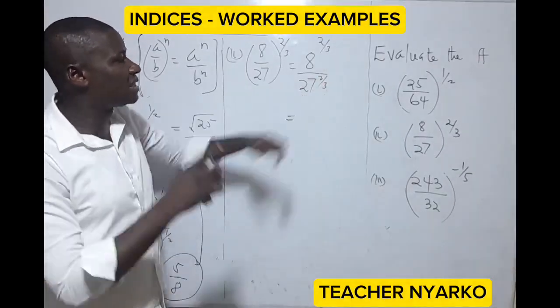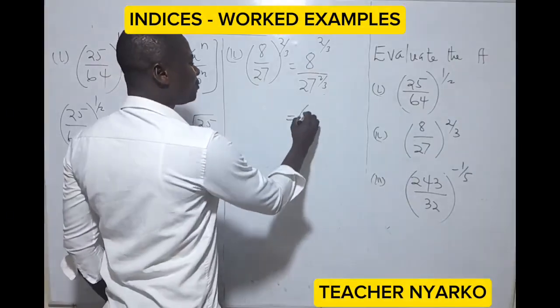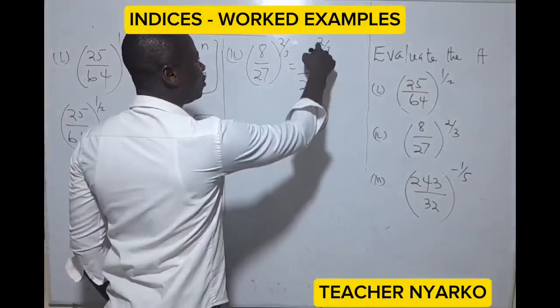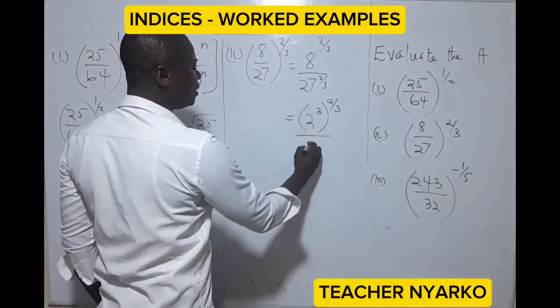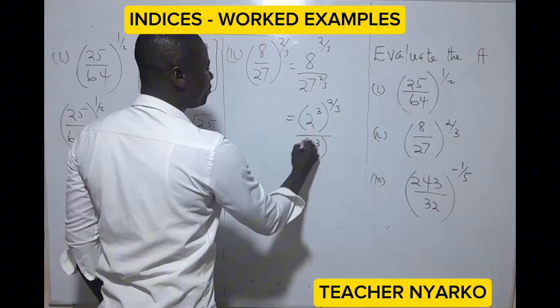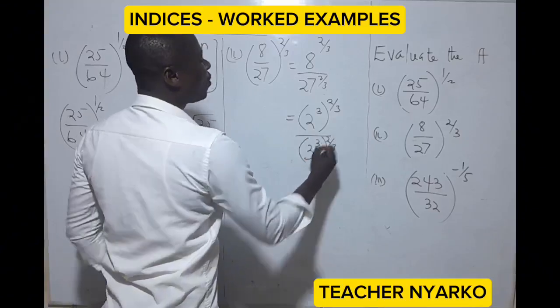So consider that now. 8 can be expressed as 2 raised to the power 3. Already we have 2 over 3 outside the bracket. Then 27 can also be expressed as 3 raised to the power 3. Already you have 2 over 3. Why are you doing this?